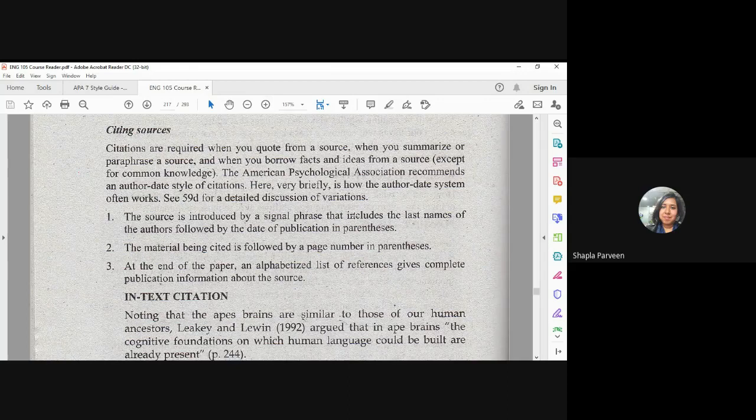Whereas paraphrasing is rephrasing the original. So you are rewriting the original in your own words. You avoid the writer's language and you rewrite in your own language. You have to change the grammatical structures and restructure the sentences.